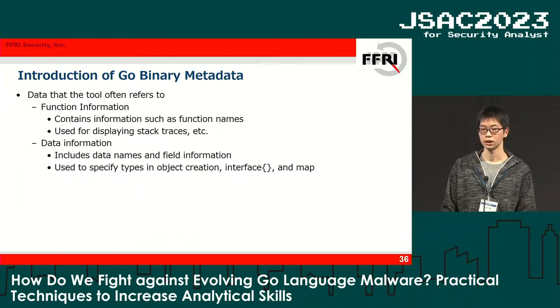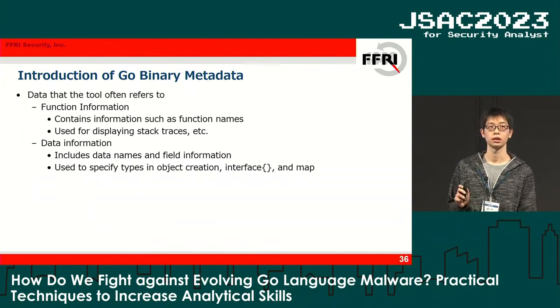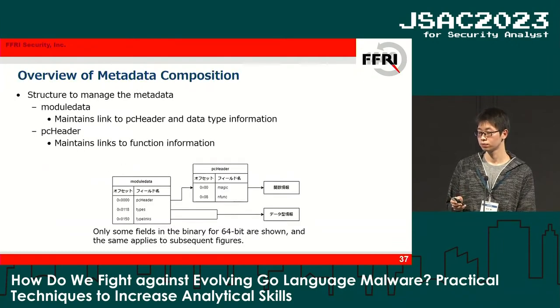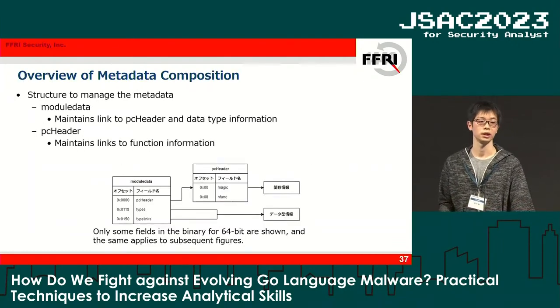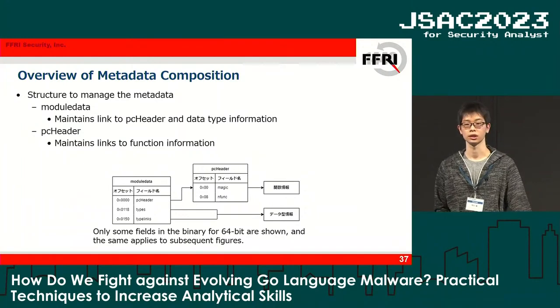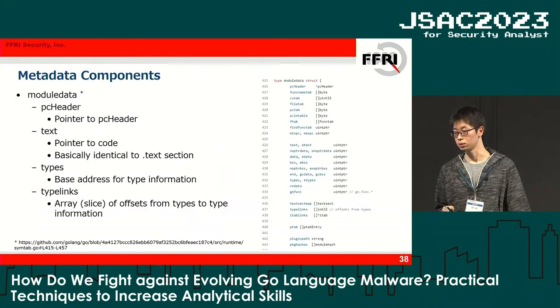In the case of function information, the stack trace at panic is shown, and with the data information, the interface and map reference data is retained. And within the binary, how is it managed? The module data and PC header data are used as structures, and I'd like to talk about more details.